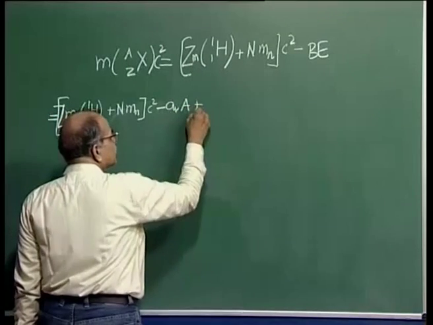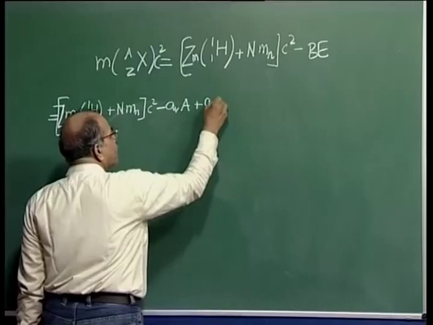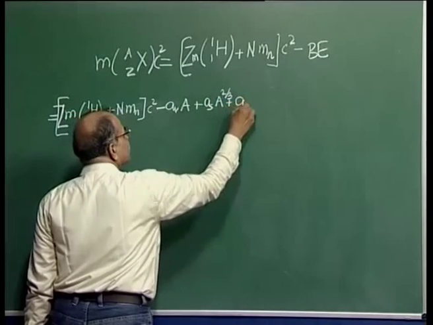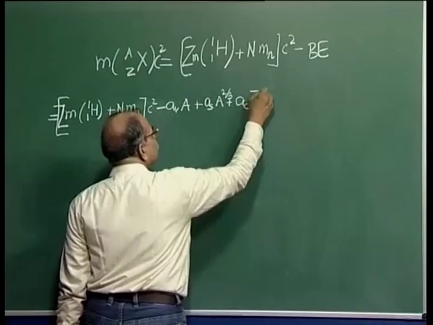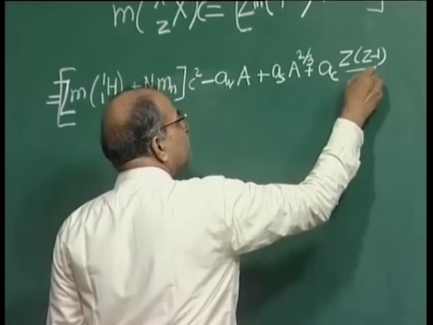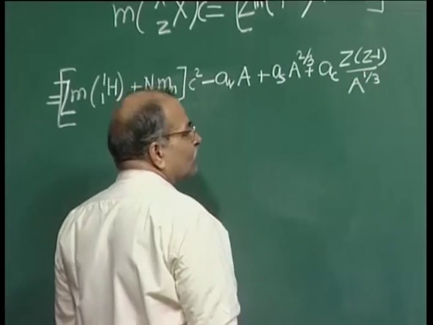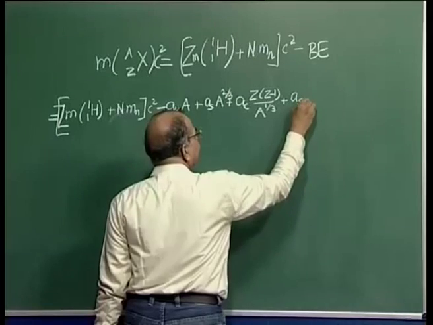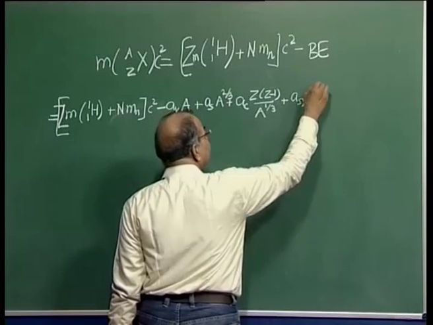and plus AS times A to the power 2 by 3, and plus AC times Z (Z minus 1) upon A to the power 1 by 3, and then plus the asymmetry term, N minus Z whole square.